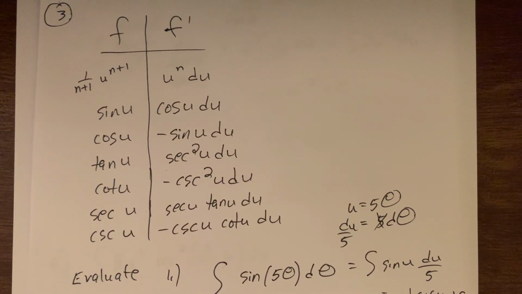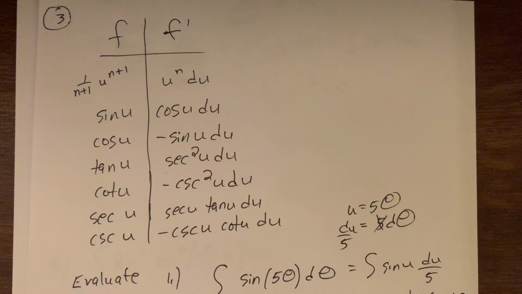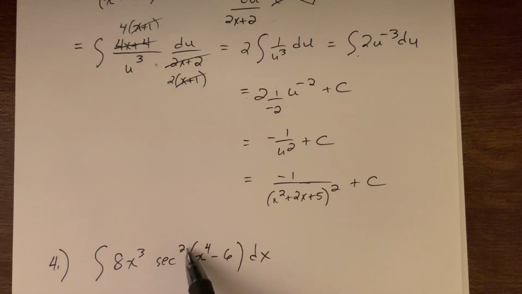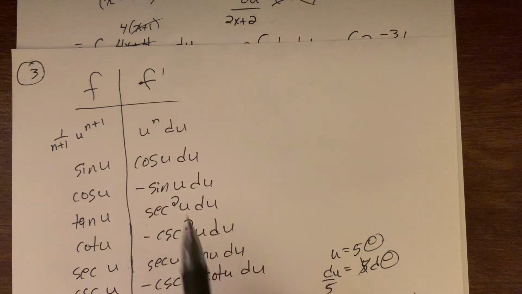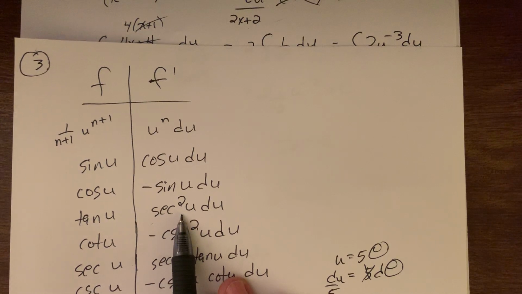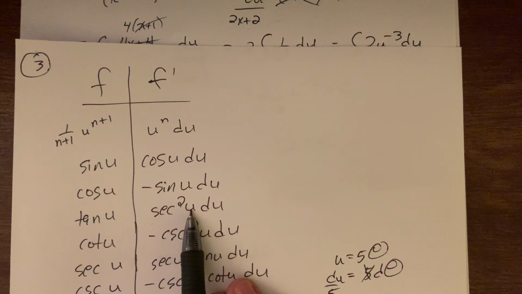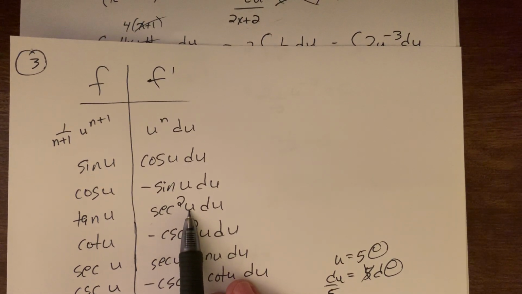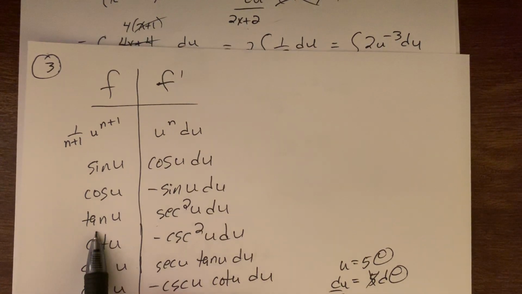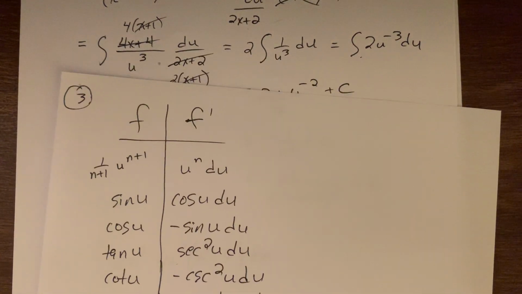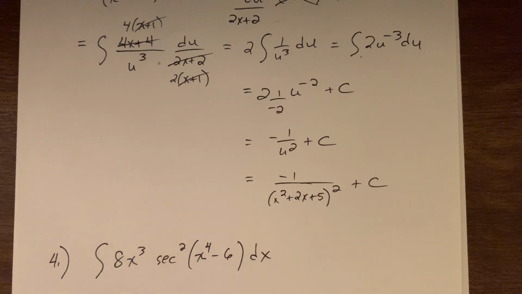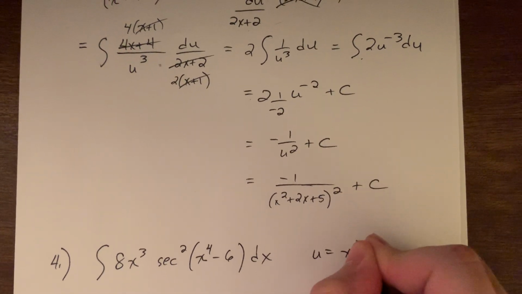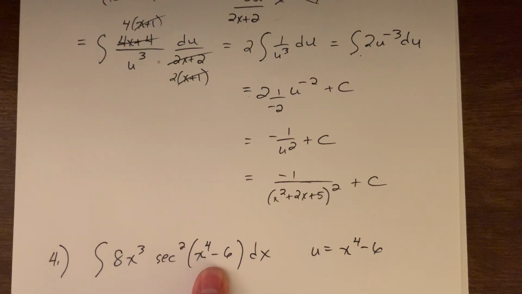So now I'm already going to make a big jump. I'm going to realize that even though I see secant squared, it is a good thing. If I can make the inner part of the secant squared u, then I've got a good clean antiderivative. So I'm just thinking a little bit ahead here, but that's how I'm going to know that this should be my u.